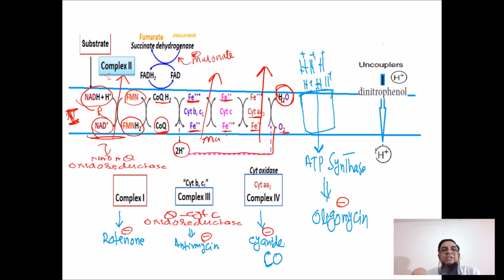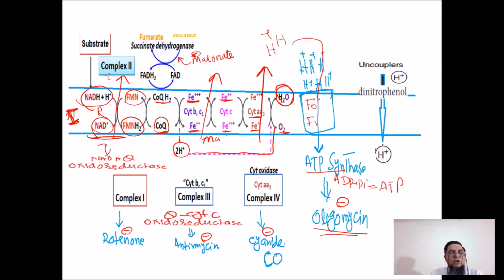So a large hydrogen gradient will be formed, and then this hydrogen will fall back through the F1 complex, which will stimulate ATP synthase, and ATP synthase will add ADP to inorganic phosphate to make ATP. This enzyme, ATP synthase, is blocked by oligomycin.